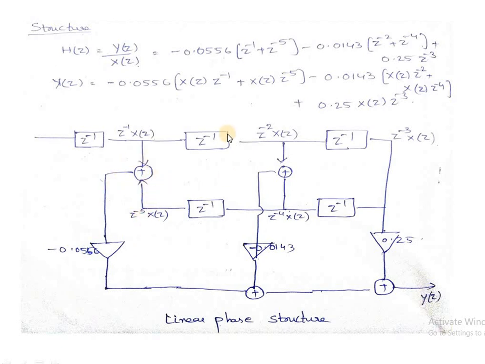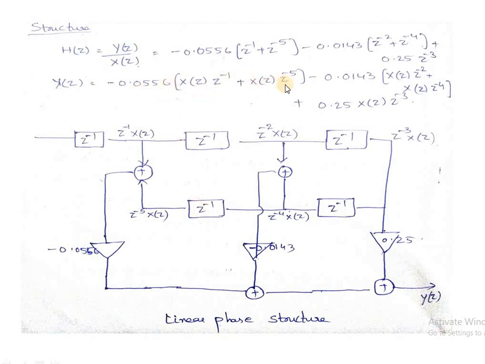Therefore, arranging them in the most suitable way where we can group them together, I have identified the different parts where we can just add them and multiply with the coefficients.